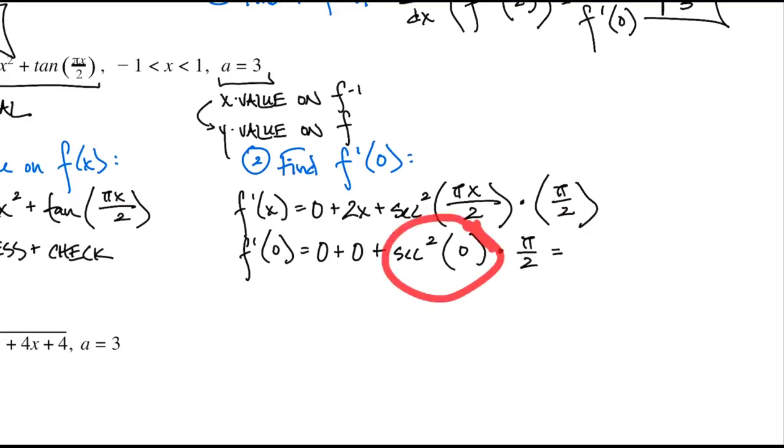All right, secant. What's another way to write secant? All right, it is 1 over cosine, okay, 1 over cosine. Now secant squared means we have 1 over cosine of 0 squared.